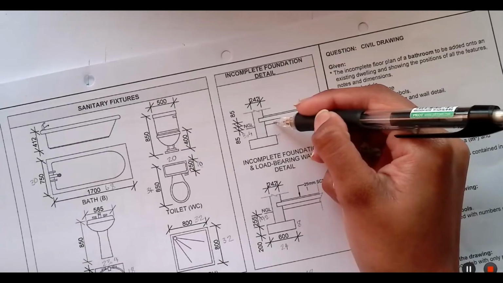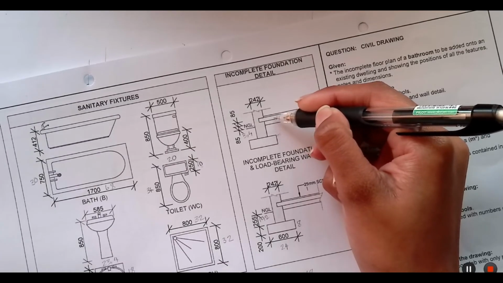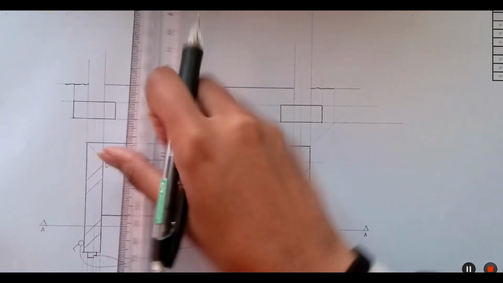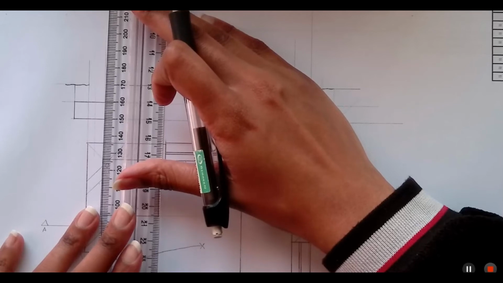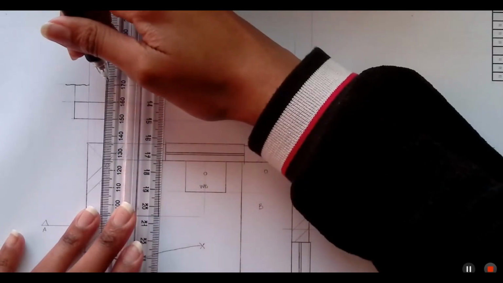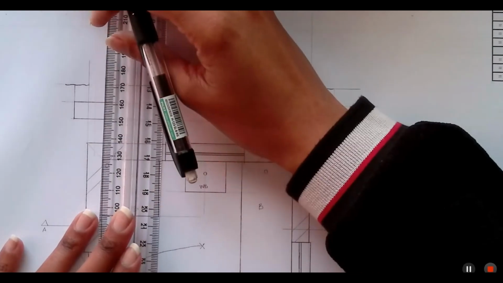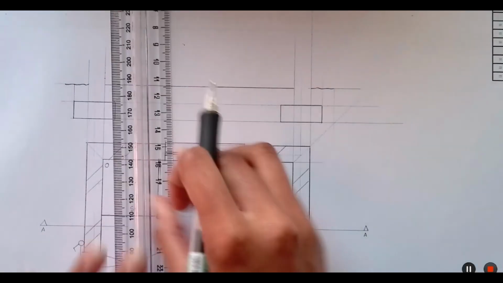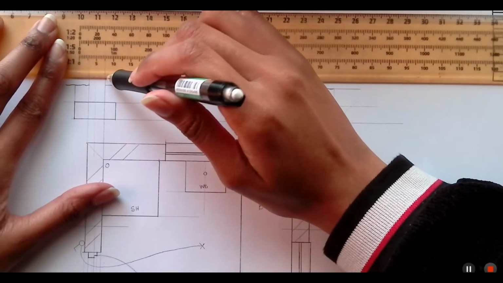Then now we are told that, as I mentioned, the hardcore filling and the concrete are the same size and they are 3,4. So from the NGL, you get your 1, 2, 3, 4. Then you go again and measure 1, 2, 3, 4.